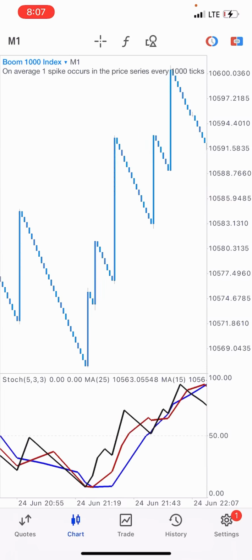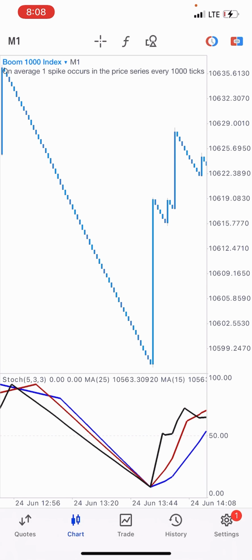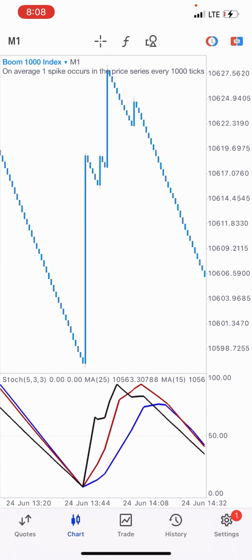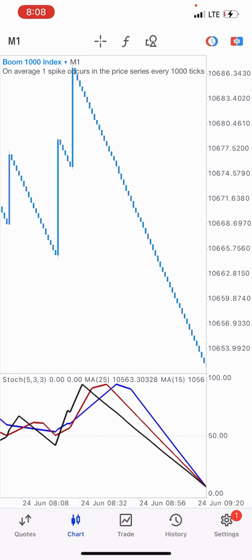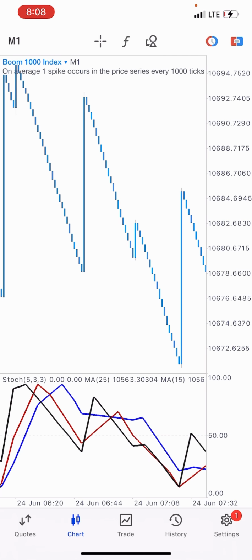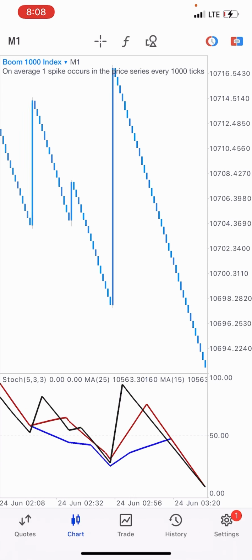If the market is in a downtrend for boom, that means the market is selling. But if the market is in an uptrend, that means the market is buying. We are interested in buying for boom, because we're interested in catching the spikes.